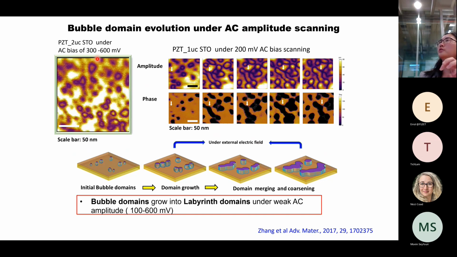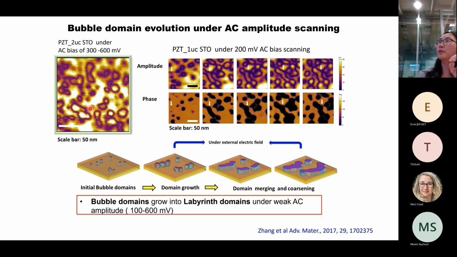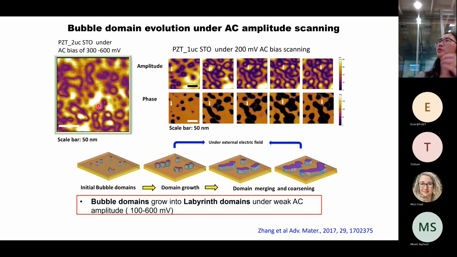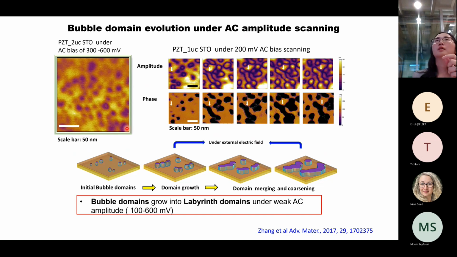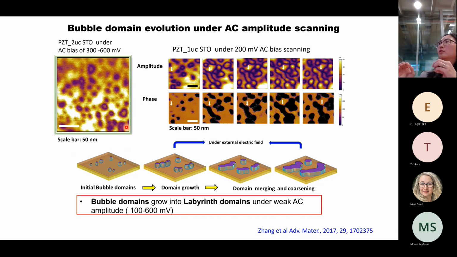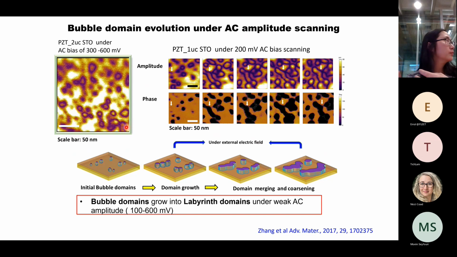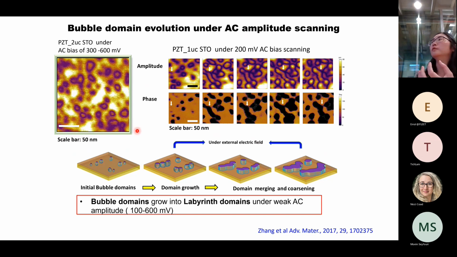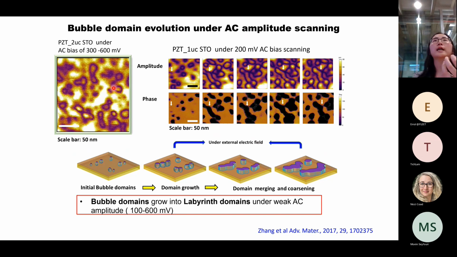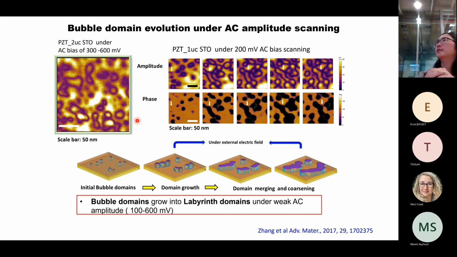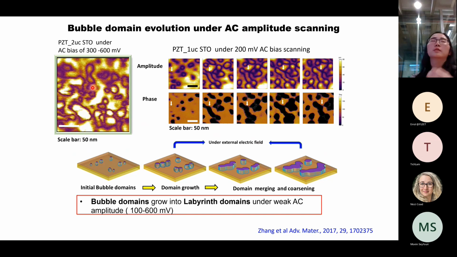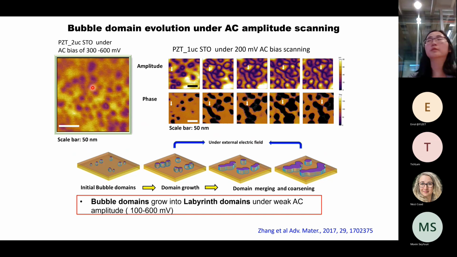This one shows 300 to 600 millivolts: the domains can change from nanoscale bubble domains into cylindrical domains. That means even under really low electric field, low input, the domains can evolve. So maybe you can use that for low energy device ideas, which can operate as low as a few hundred millivolts.